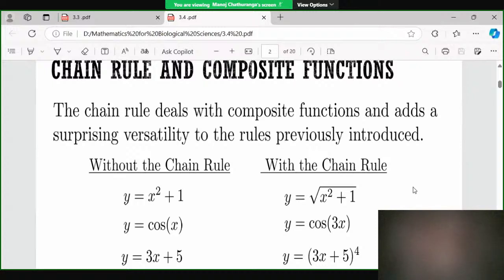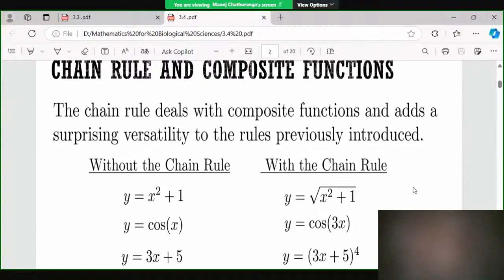So previously we knew how to differentiate sums, products, quotients, power functions, trigonometric functions, exponential and log functions. And once we discuss the chain rule, that increased our capability by a huge amount.